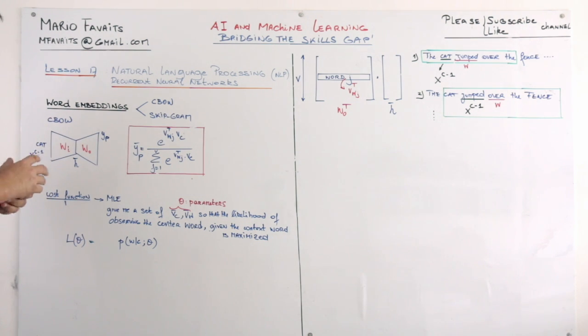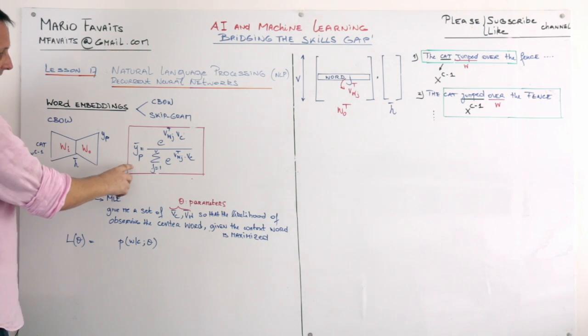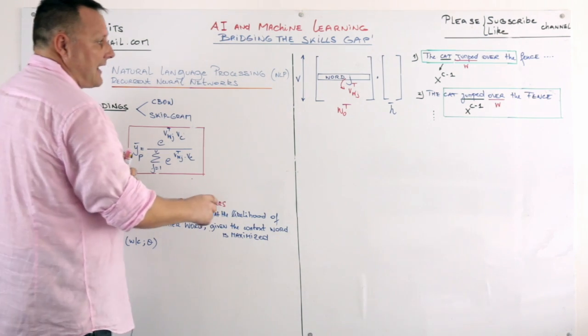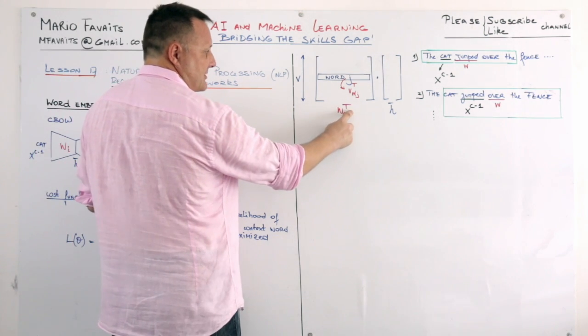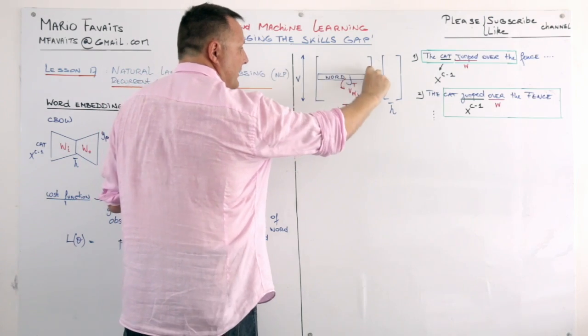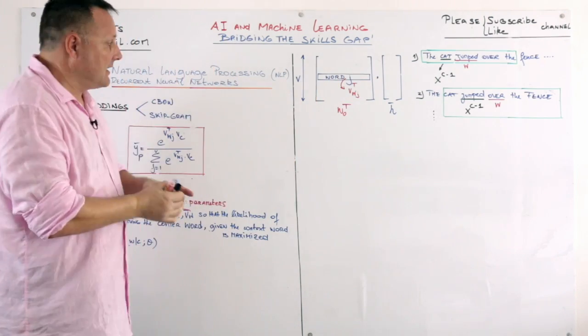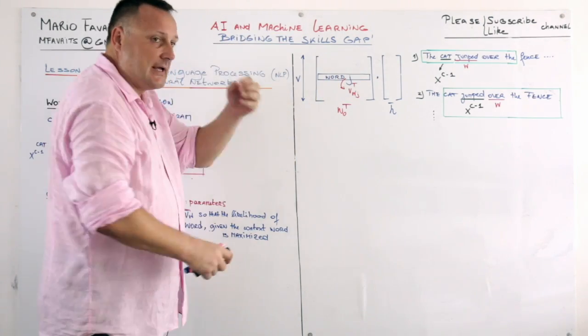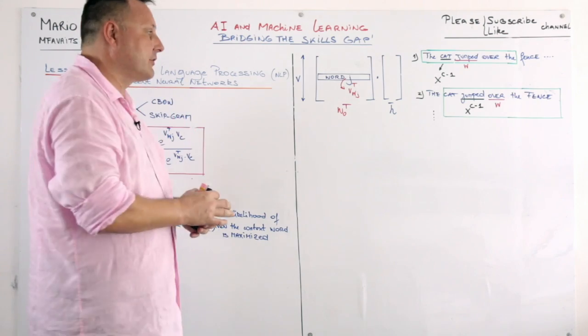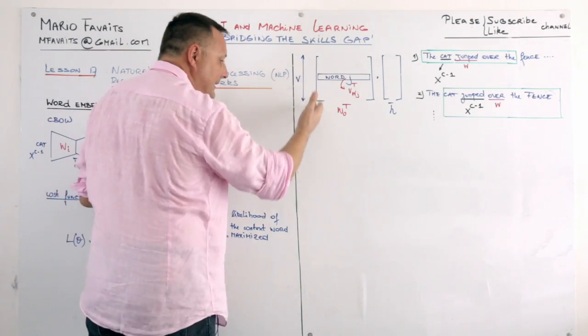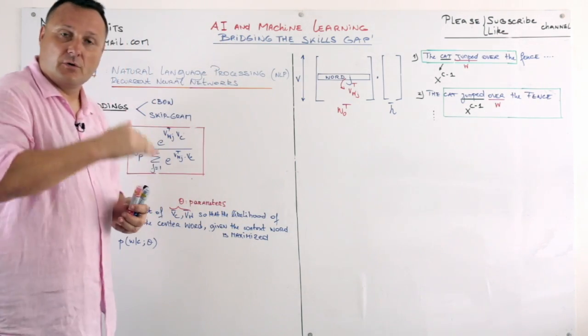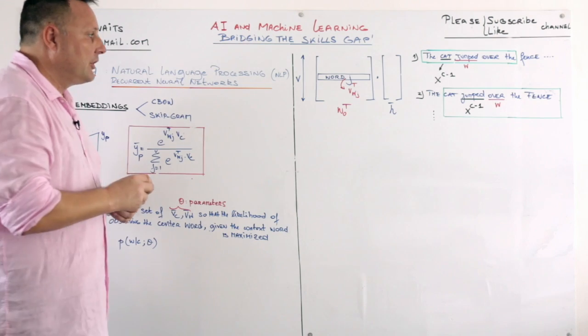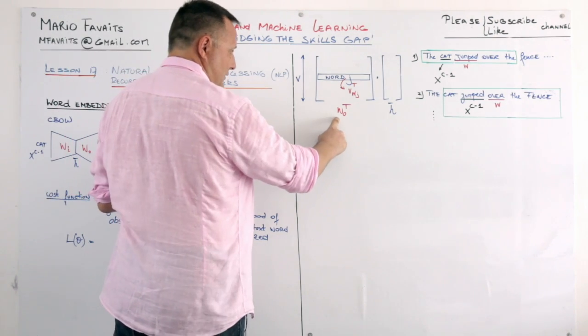Now let me remind you where this came from. We had our Wo transpose, and we had the word at position j. This is the vocabulary, you have 20,000 words or 7,500. This is the number of words, the number of rows you get from this matrix.